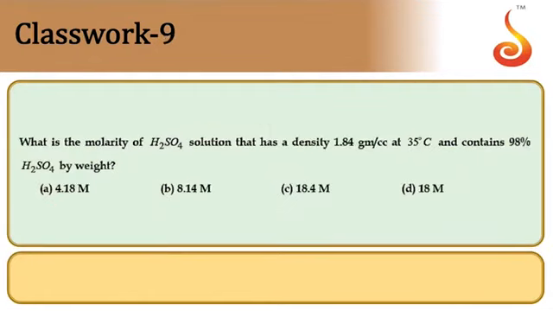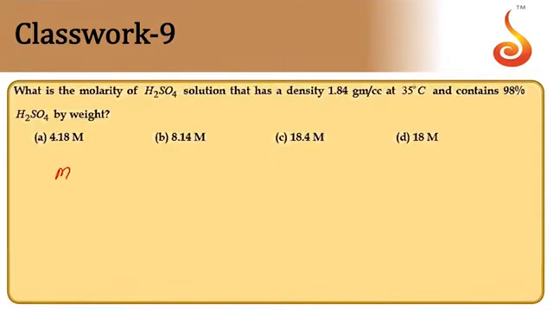Then the next one. What is the molarity of sulfuric acid having a density of 1.84 grams per cc containing 98% sulfuric acid by mass? We have a direct formula for this. Molarity is percentage into density into 10 divided by molar mass.